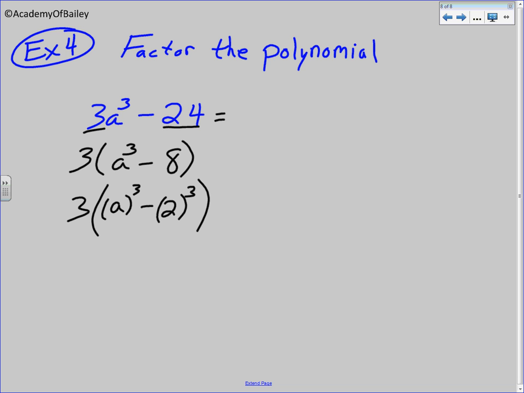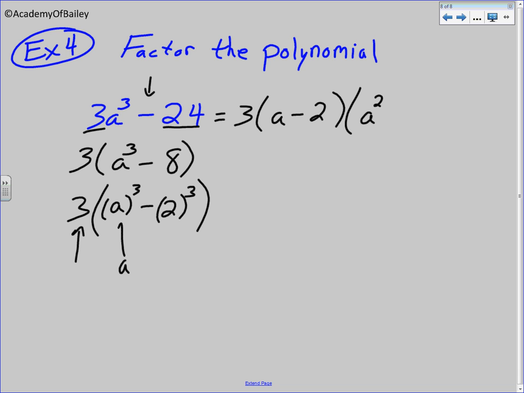All right. So what we're going to do, this 3 is always going to be outside the parentheses. So there's the 3, and here's our first parentheses. Since this is minus, this parentheses is going to be a minus. And then we just minus those two. A minus 2. Second parentheses will have a being squared.